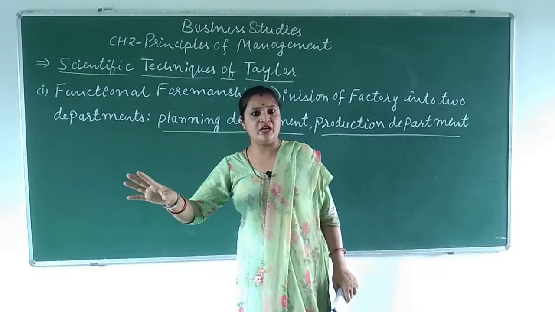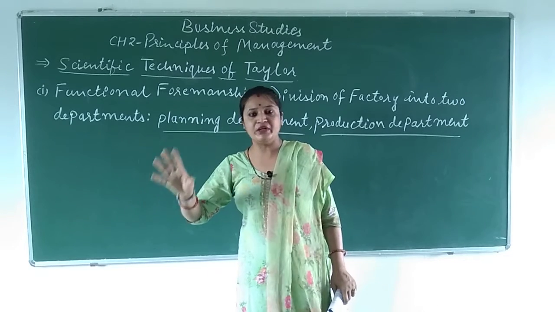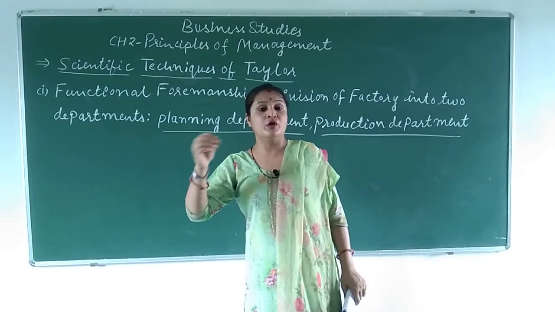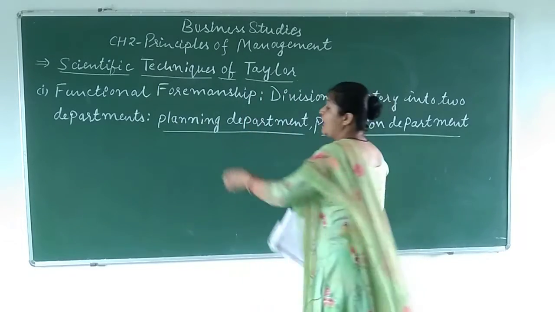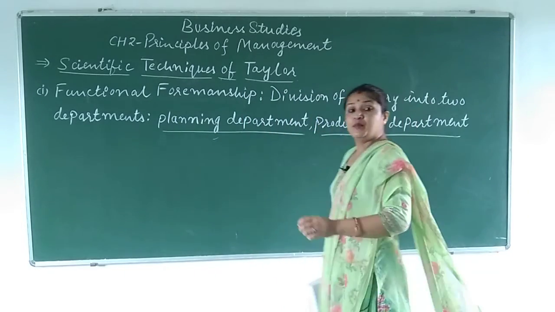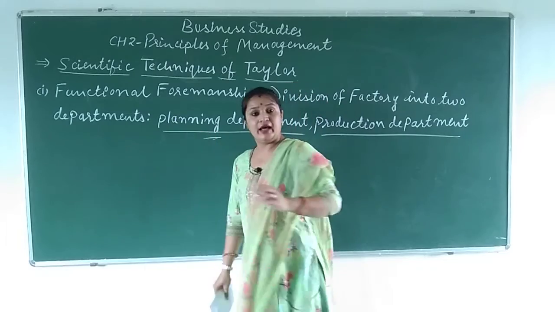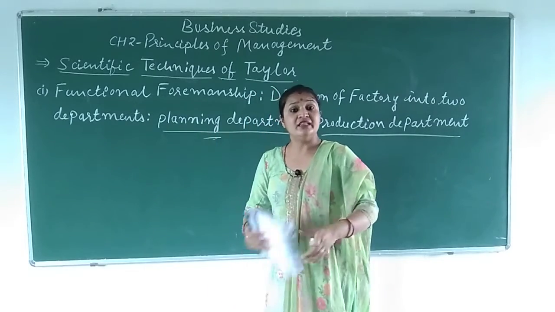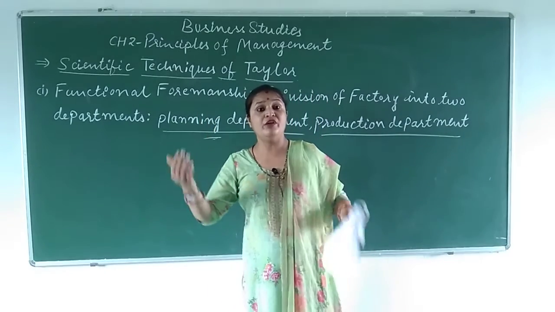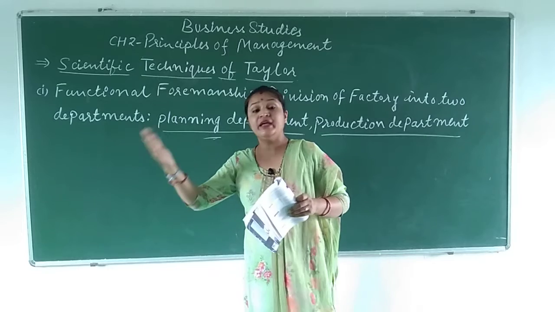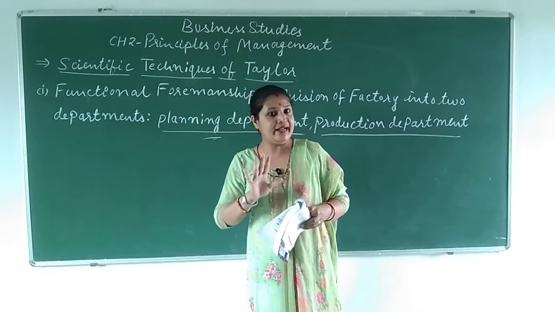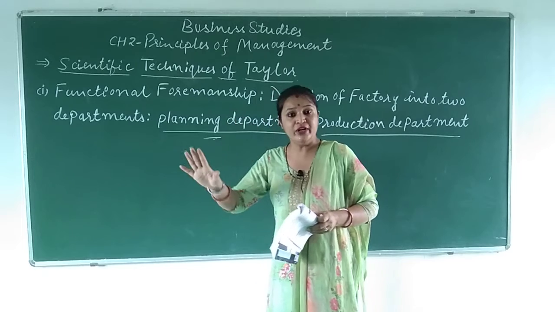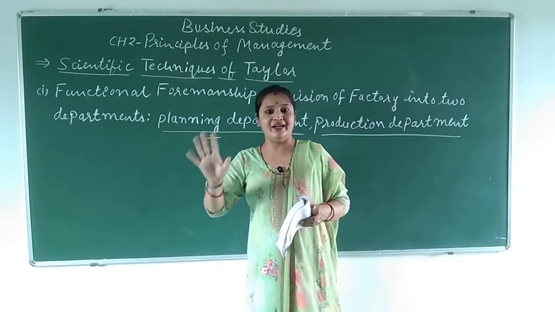If the workers start planning all these things, they will be full of burden and will not concentrate on the work they have to do. So Taylor suggests the workers should be free of all this planning.